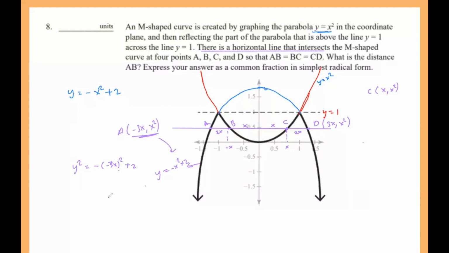Because the y value is x squared, and this is the equation I need to solve for. If you square this one, you get 9x squared, but there is a minus, so that will be minus 9x squared. If you add 9x squared to both sides, you will get 10x squared equals 2, and x squared will be 1/5, and x, if you take the square root, will be the square root of 1/5. But the question was asking for AB. AB is just twice this distance, which is 2 times the square root of 1/5, and if you simplify, you will get 2 root 5 over 5, and that is my final answer.